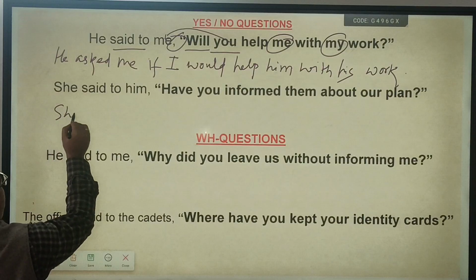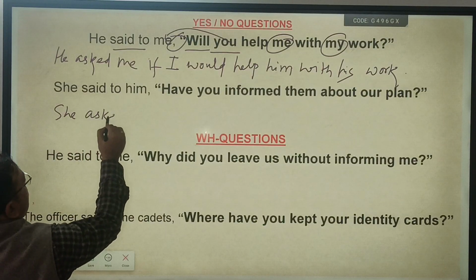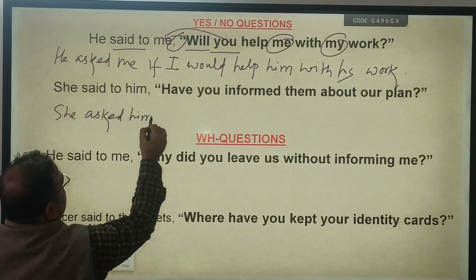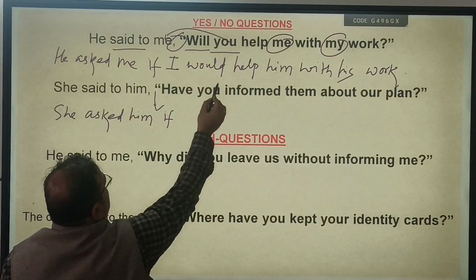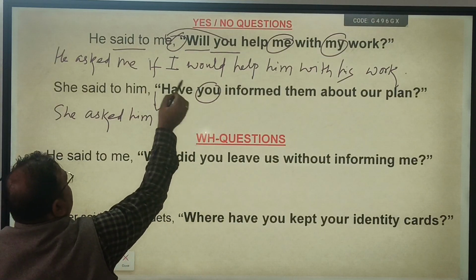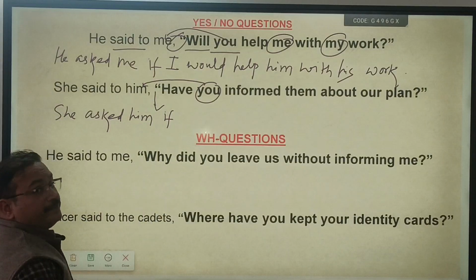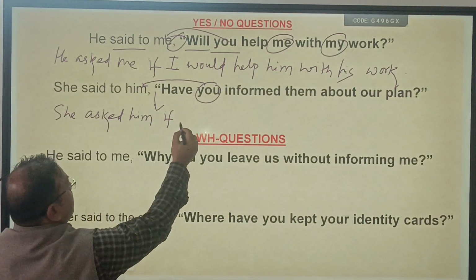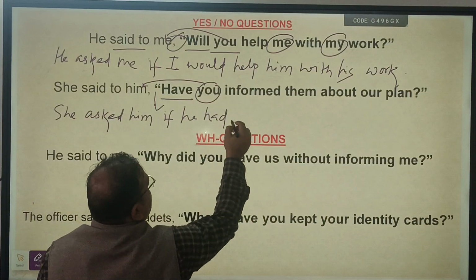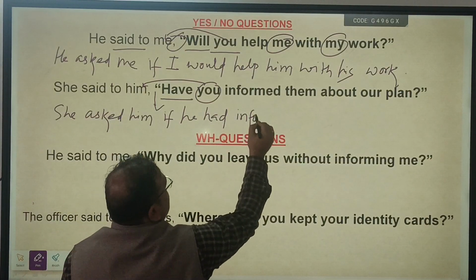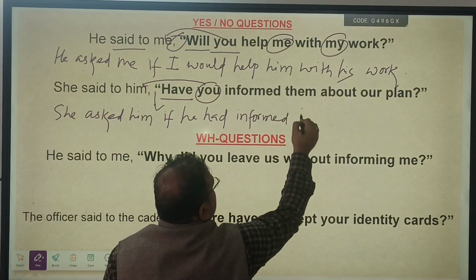Again, she asked him if, or whether. "You" will be changed by "him," second person, object. So "he have" will change into what? Had informed them.